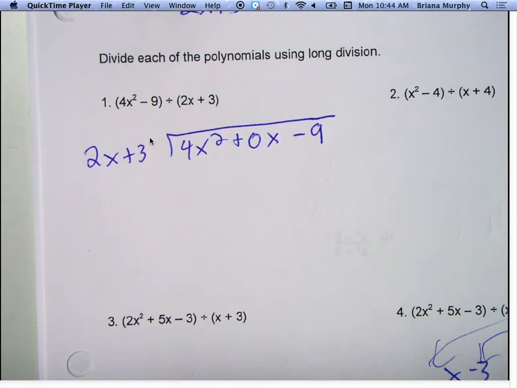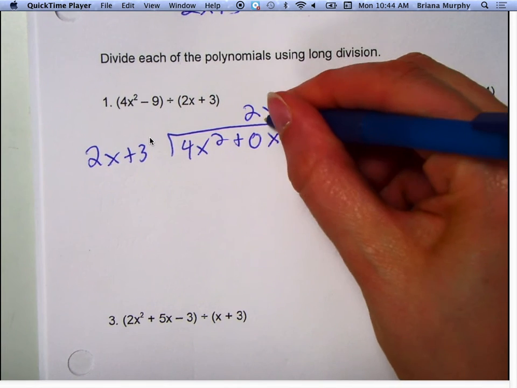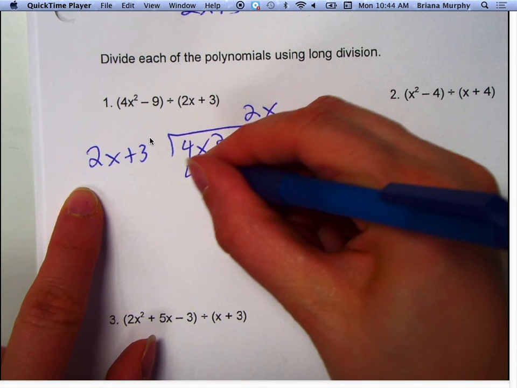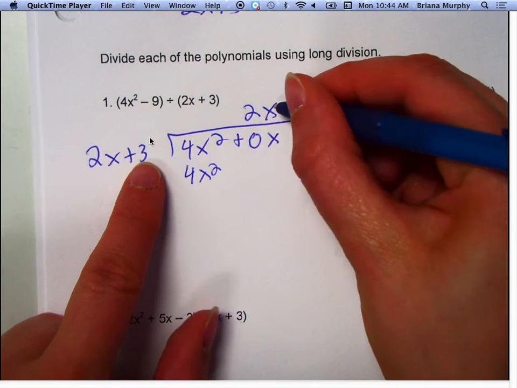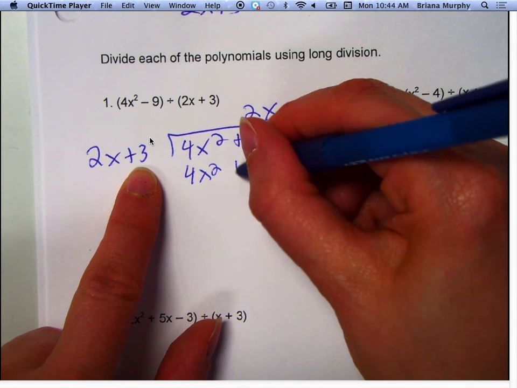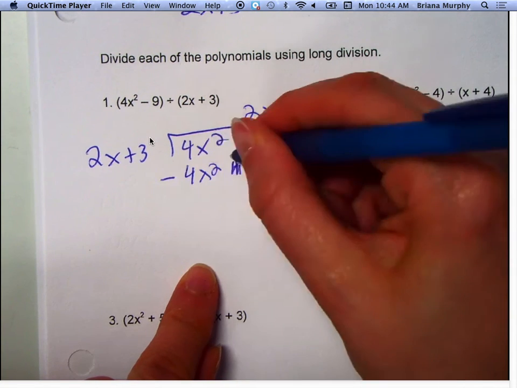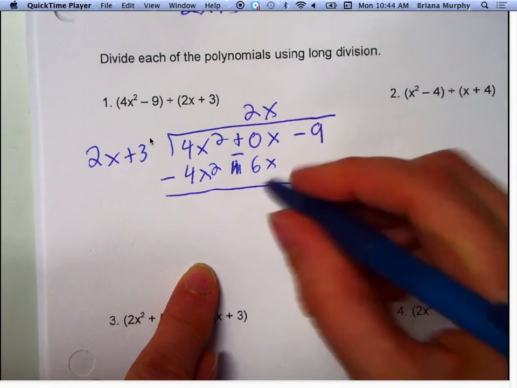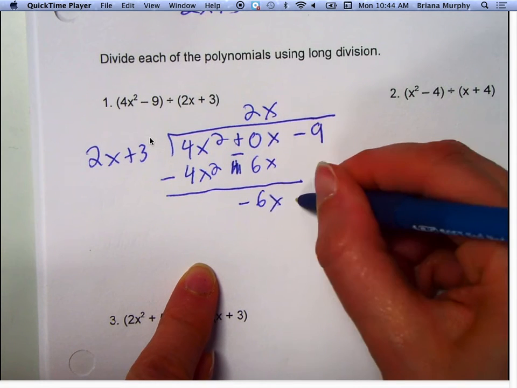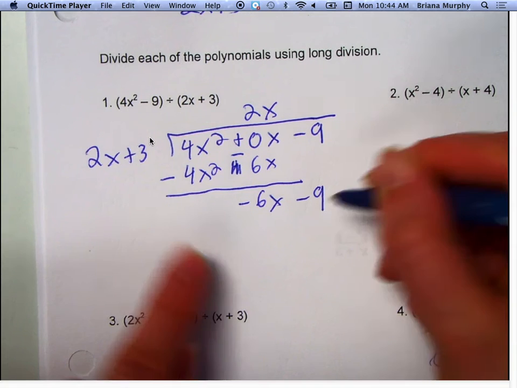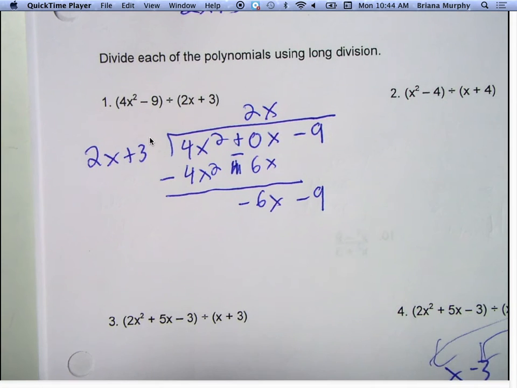2x times what gives me 4x squared? 2x times 2x is 4x squared. 2x times 3 is 6x. Now remember, I'm going to change it to subtraction, and I get negative 6x minus 9. 2x times what gives me negative 6x?